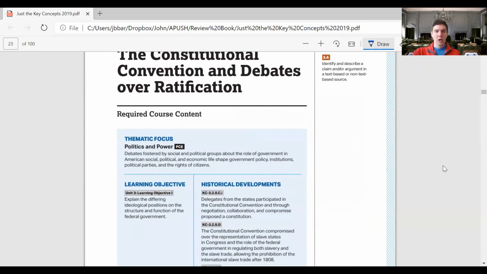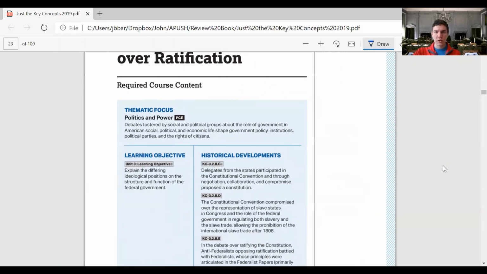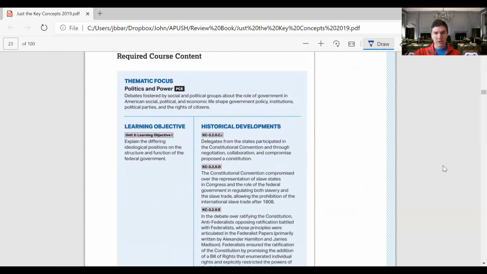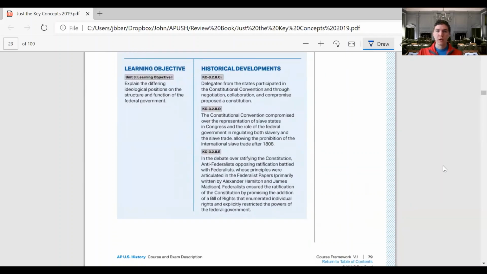Okay. So next part's about the Constitutional Convention and ratification of the Constitution. Like I said before, it became pretty quickly understood that the Articles of Confederation were not working, and as this happens, leaders get together in Annapolis, Maryland, and they say, okay, the articles are not working.